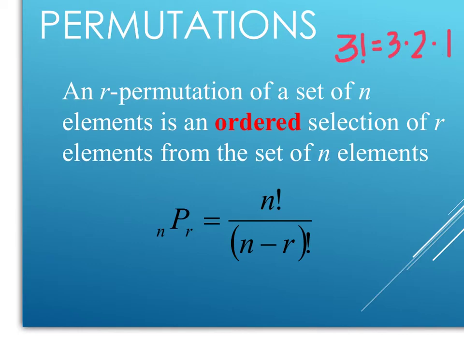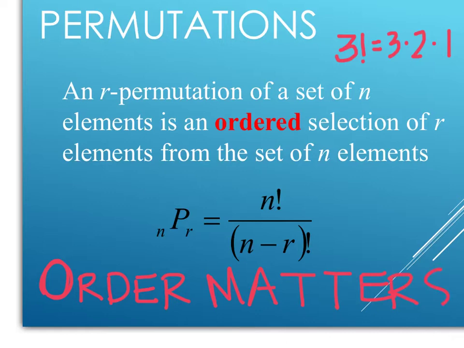And that's the factorial part. And in permutations, it's important to remember that order matters. Order matters in a permutation. Okay, because that's going to determine whether we're going to use a permutation or something called a combination.